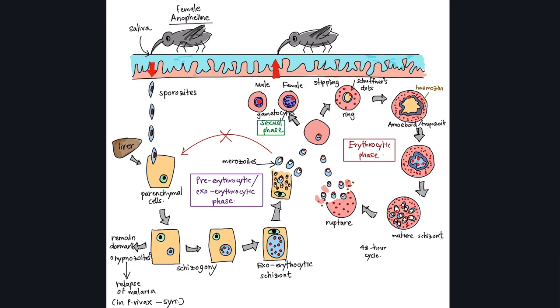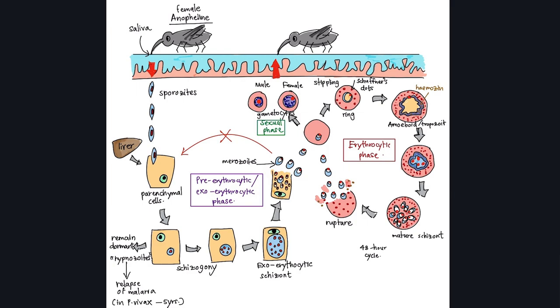Now the merozoites are released into circulation. One merozoite of Plasmodium vivax enters one RBC. But in falciparum, several merozoites can enter one red blood cell, and we call that polyparasitism or multiple invasion, and it causes the high virulence of Plasmodium falciparum.